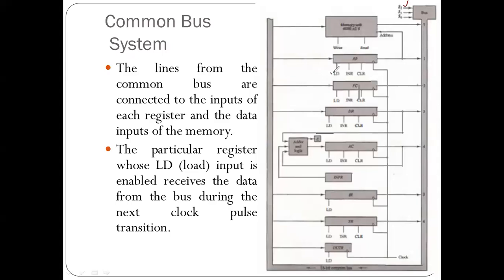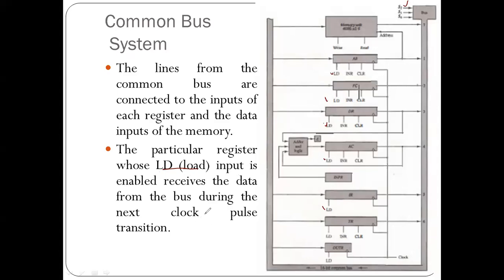In the next clock cycle, the load control signal of the corresponding register will be active, so that particular register only accepts the data into it. Otherwise, the remaining registers won't update their data. The particular register whose load input is enabled receives the data from the bus during the next clock transition.